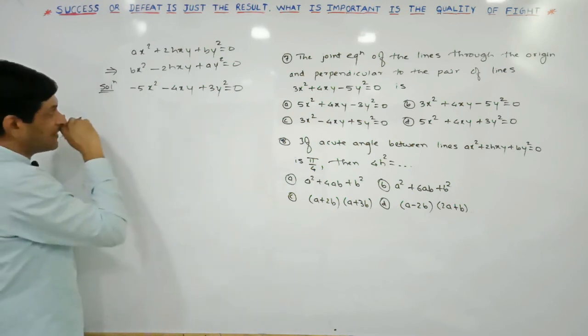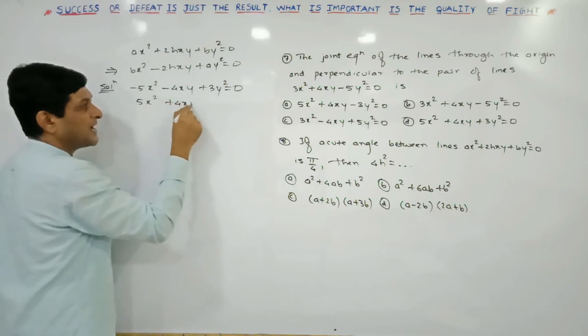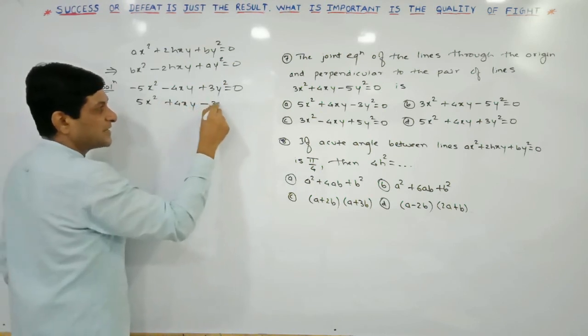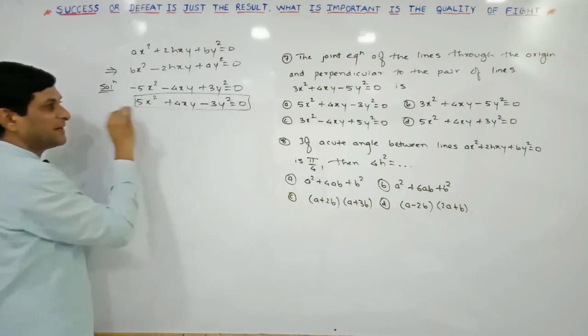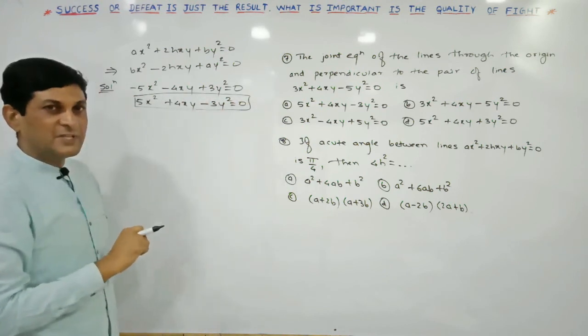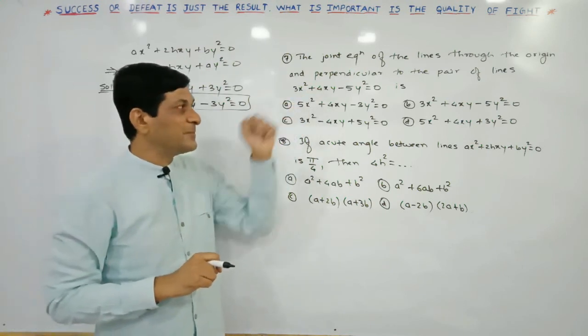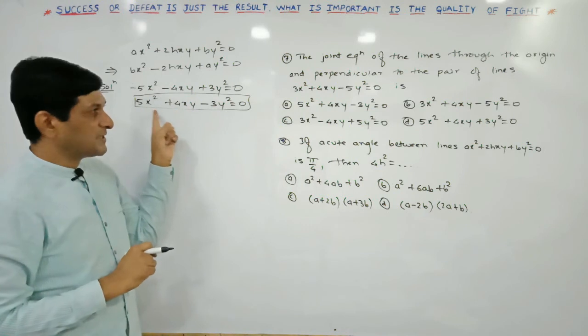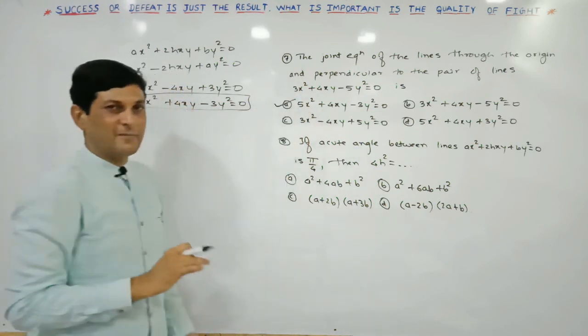So if I multiply by minus, what will we get here? 5x square plus 4xy, and multiplying here by minus, we will get minus 3y square is equal to 0. Means this is our required equation which represents the pair of lines passing through the origin and perpendicular to the lines represented by this equation. Observe that this answer is given in option A. So here option A will be our required answer.